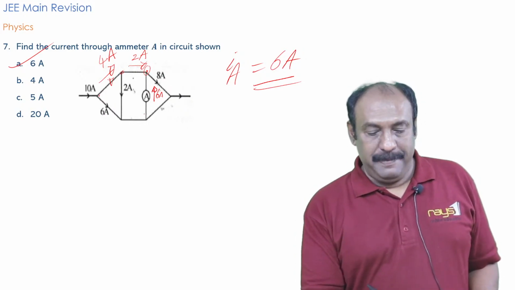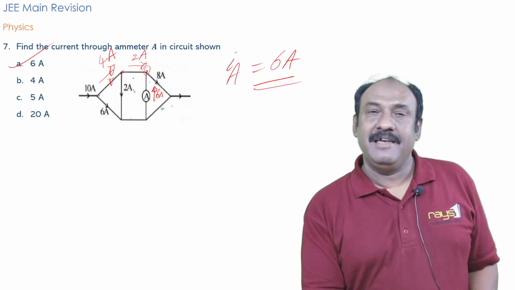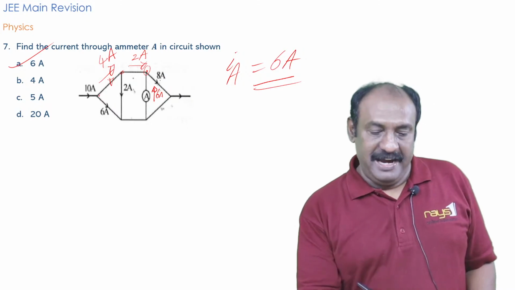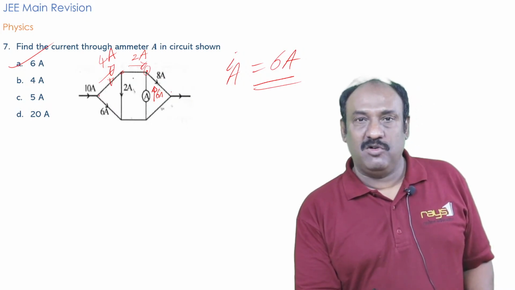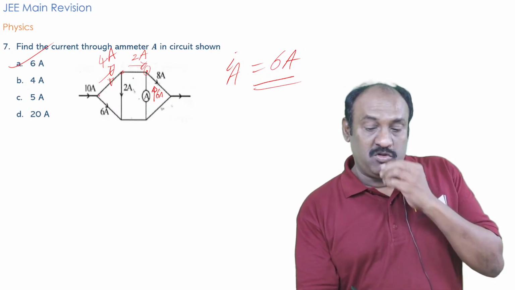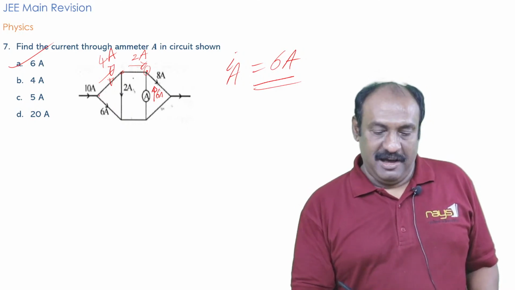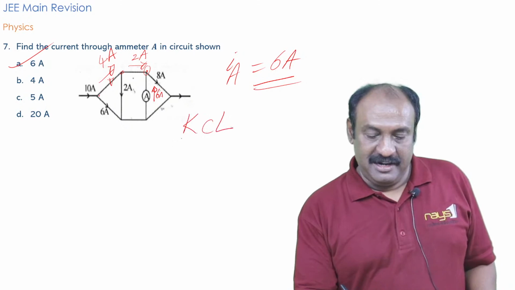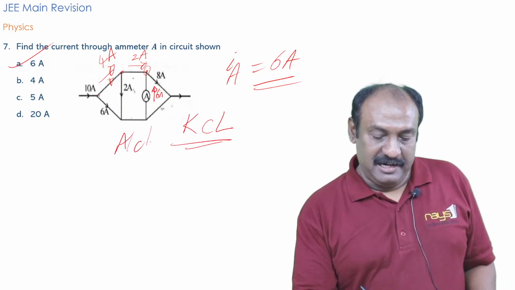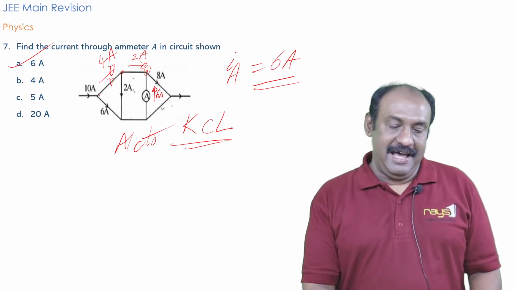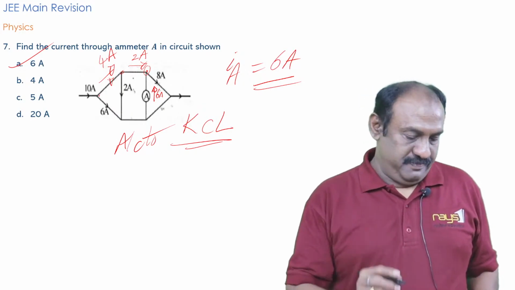So 2 ampere plus 6 ampere, then only it will be 8 ampere through this branch. So the current through the ammeter is 6 ampere, by using Kirchhoff's first law. According to Kirchhoff's current law, we calculated the current through the ammeter as 6 ampere.